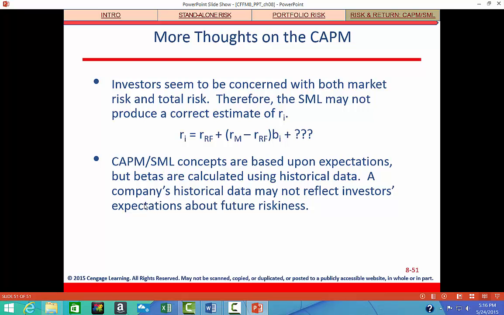The other concern is that when we calculate betas, which is what all of the big firms, Merrill Lynch, Edward Jones, any kind of big firm that's doing this type of estimate, they're all using historical data. But the only problem with the historical data is that it doesn't capture what people's future expectations are.